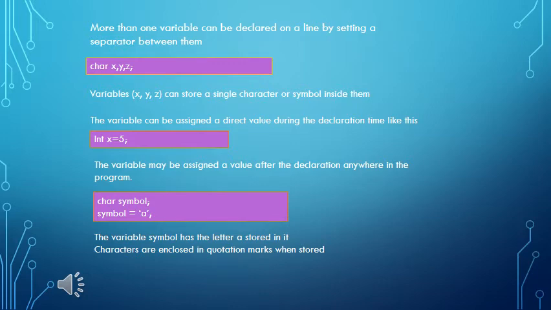The variable may be assigned a value after the declaration anywhere in the program. Char symbol. Symbol equals 'a'. The variable symbol has the letter a stored in it. Characters are enclosed in quotation marks when stored.